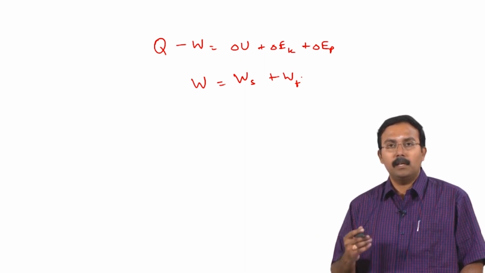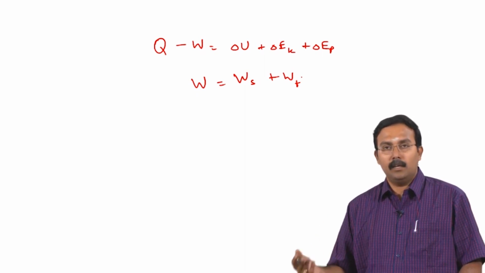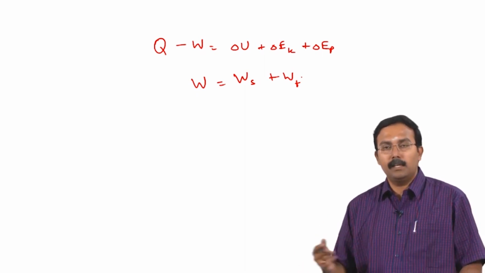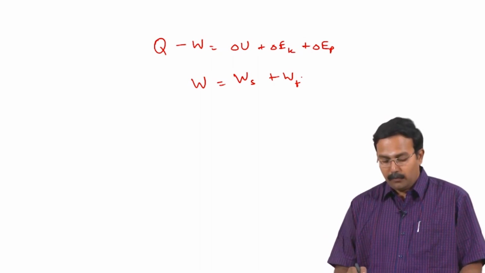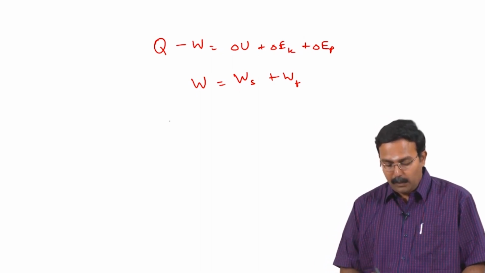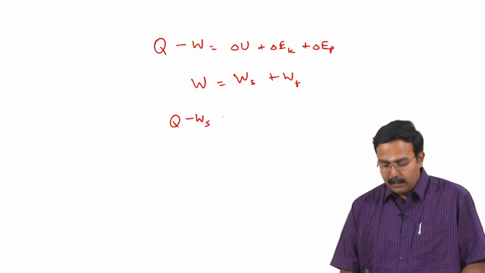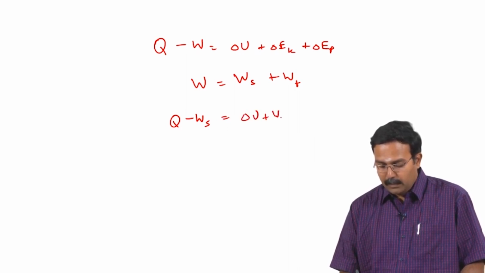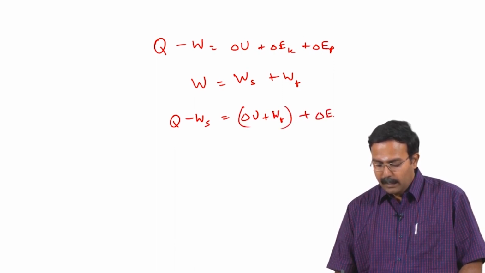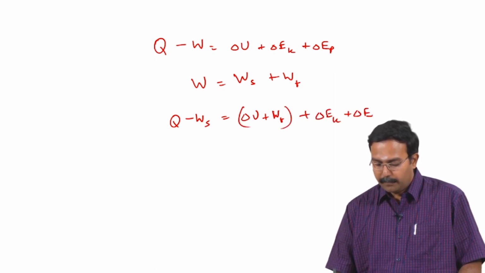The flow work is important in an open system because material is flowing in and out, and therefore the equation becomes Q minus Ws equals delta U plus Wf plus delta Ek plus delta Ep.